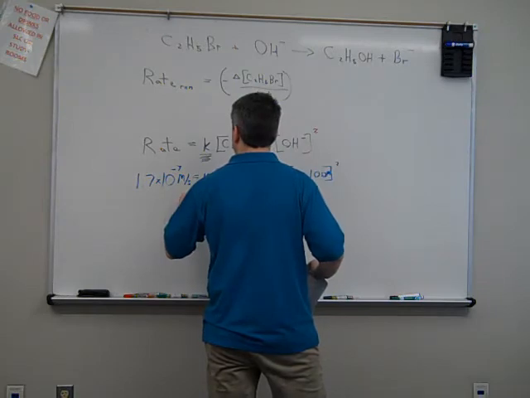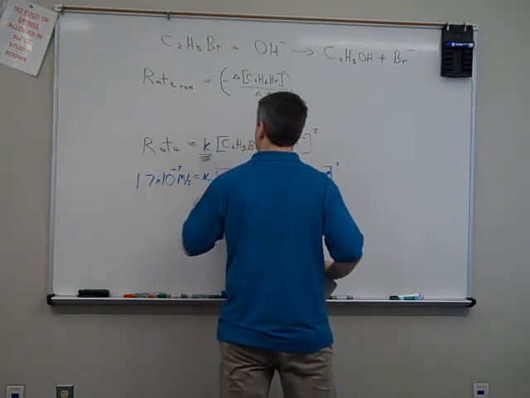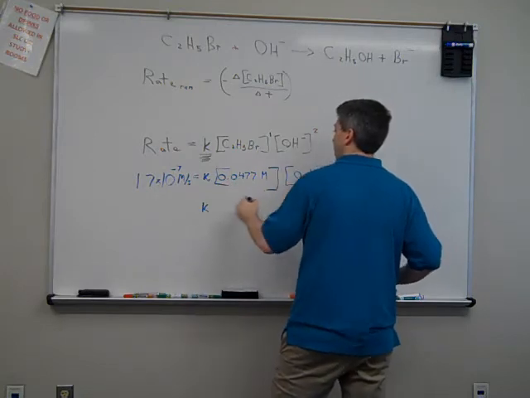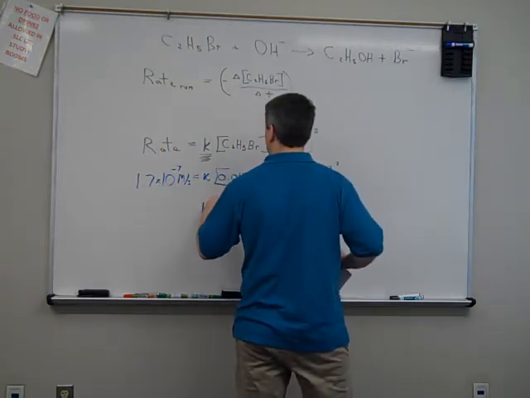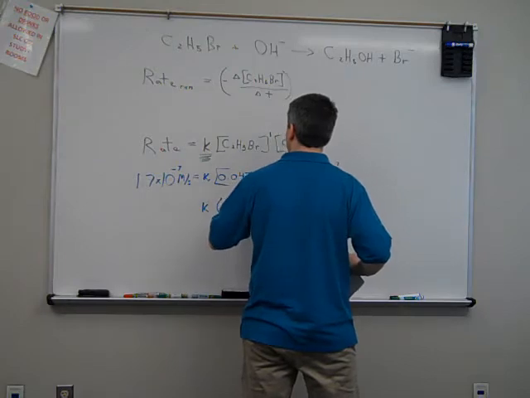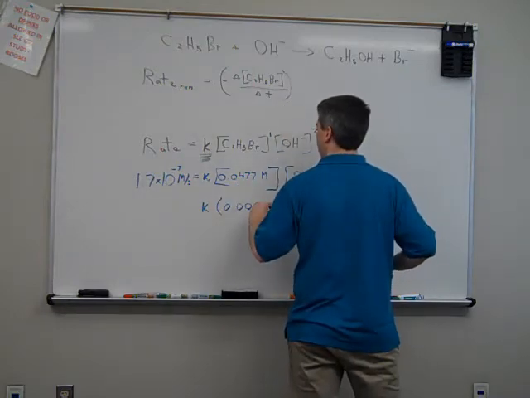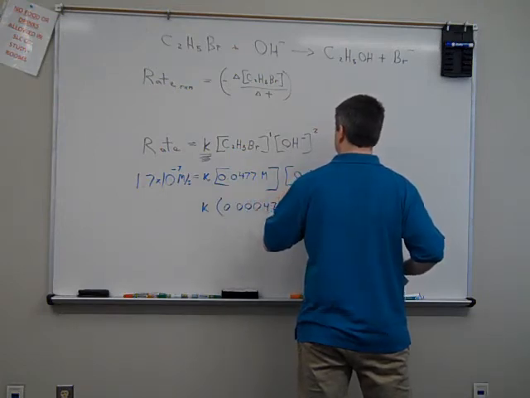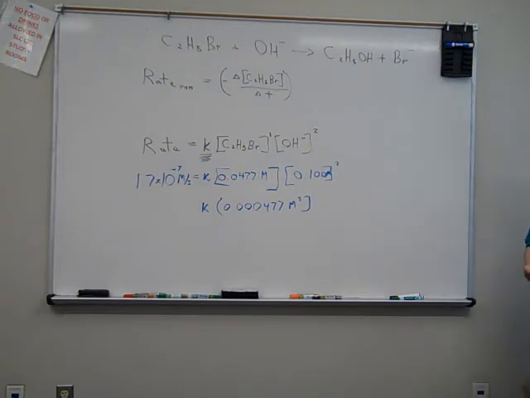So I have K times essentially whatever this number is, actually I know what it is, it's essentially going to be 0.000477 molarity cubed, if you multiply that, right?